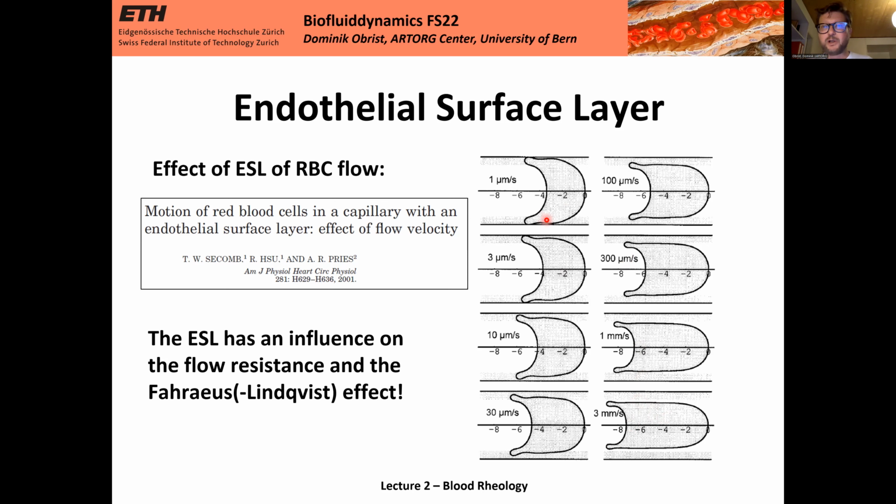If we have very slow going blood, the red blood cells continuously sink in and have to deform the endothelial surface layer, leading to an even increased apparent viscosity. So you see, the closer we look at this whole phenomenon, the more complex it becomes, and the more variables, the more parameters we find for the viscosity.